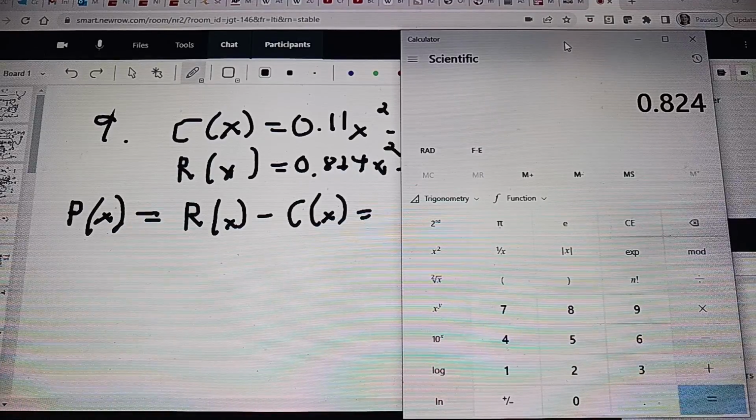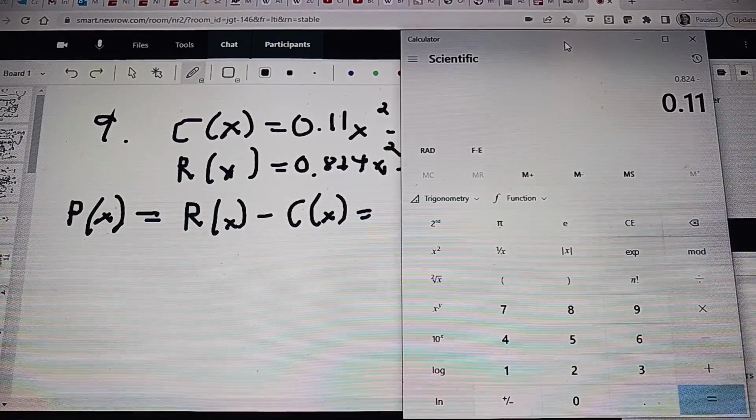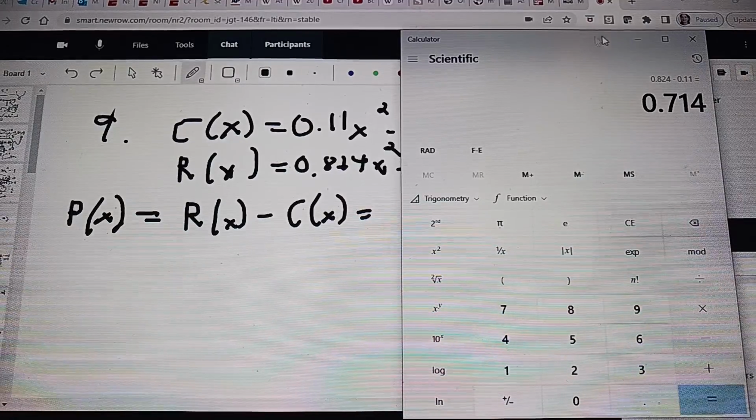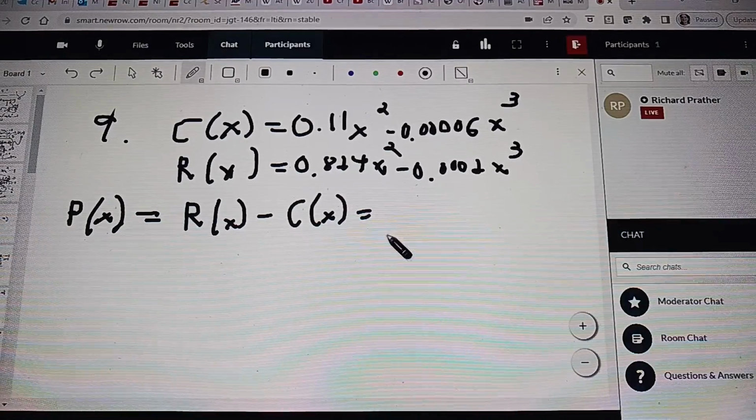So take the 0.824 from the revenue function and minus the 0.11. So there would be a 0.714x squared.